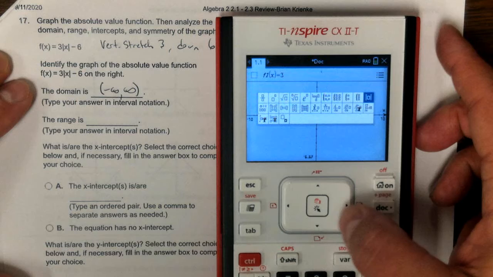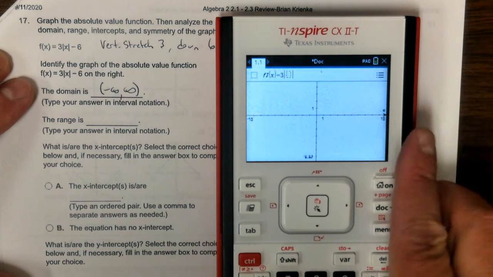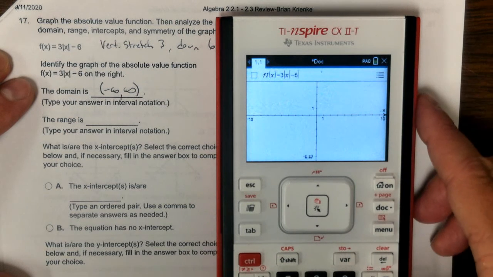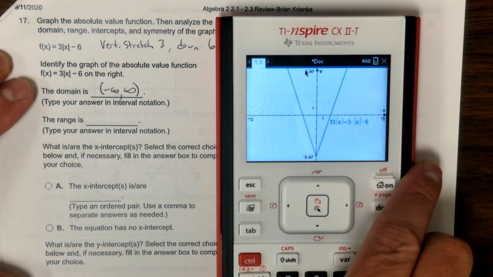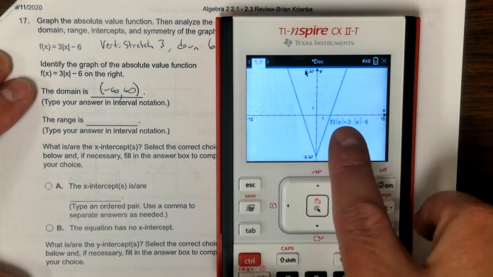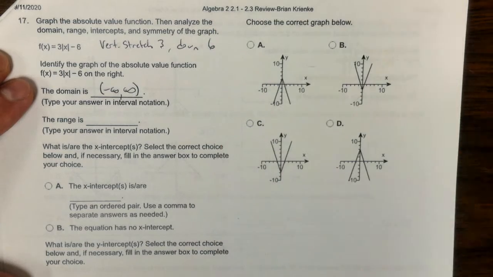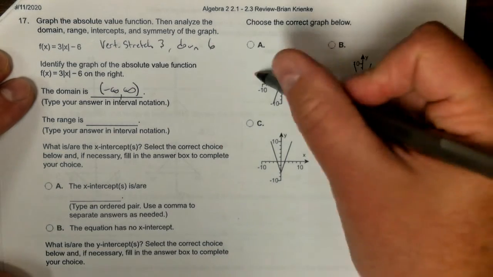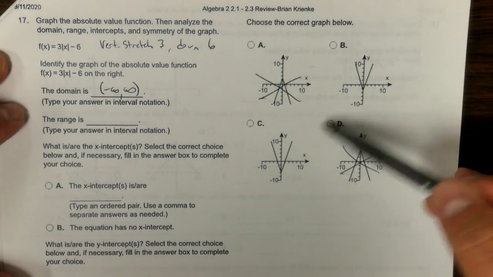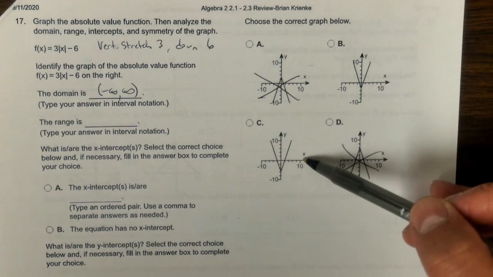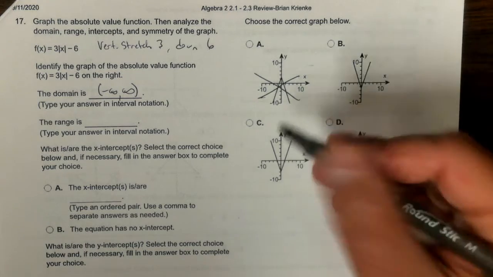Three absolute value x minus 6. Okay, so it's the V graph like that. If it were negative 3, it'd be down. And so between these two graphs, that's the C graph because it's lower.